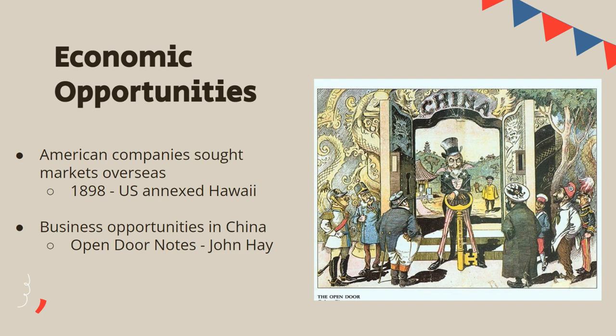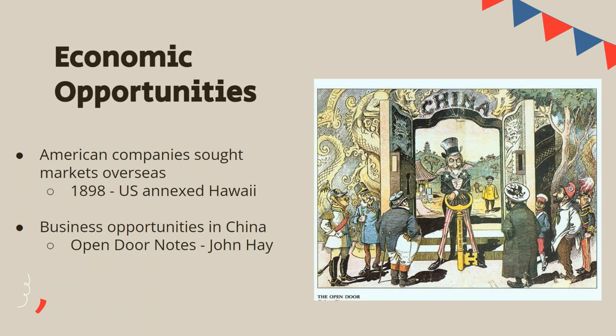And the other idea here is the business opportunities in China. And this is really important to understand. We're actually going to read the Open Door Notes in class. But the business opportunities in China are a way for America to get a piece of the pie. So China is being imperialized by a lot of European countries that are basically taking parts of China, taking resources, and again, selling them products.